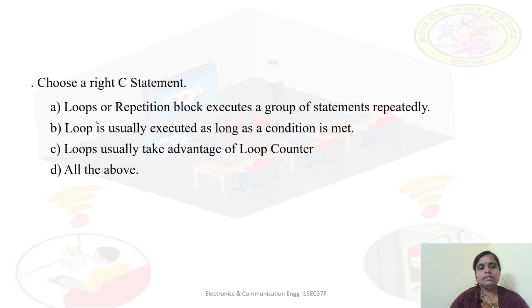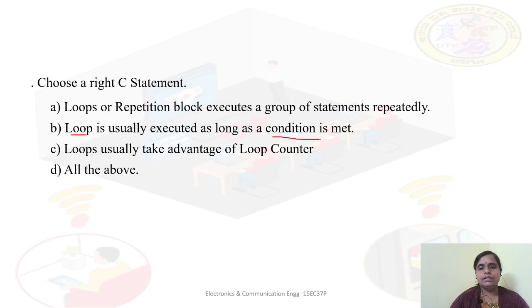See, loops or repetition blocks execute a group of statements repeatedly. What will the loops do? Loops are also known as the repetition blocks. They are going to execute the group of statements repeatedly. Whether it is true? Yes. Next, a loop is usually executed as long as the condition is met. So whenever you want to execute the loop, we have a test condition, isn't it?